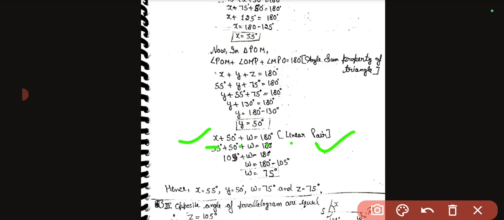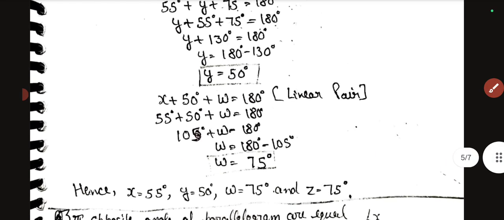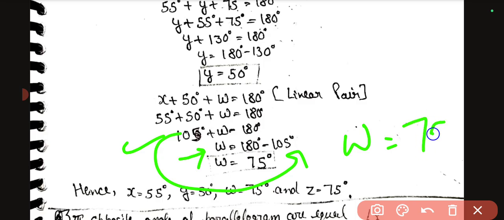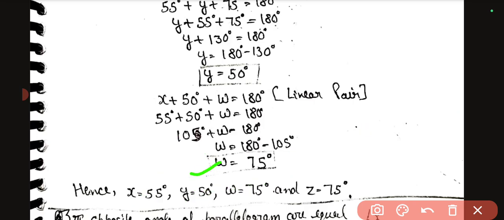The value of x is 55. 55 plus 50, the sum of 55 and 50 is 105, right? Now 105 subtract from 180, so the value of w is equal to 75 degrees. In the last you will write value of x is 55, value of y is equal to 50, value of w is equal to 75, and value of z is equal to 75.